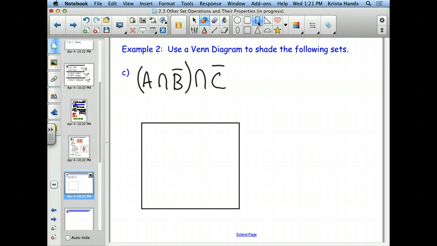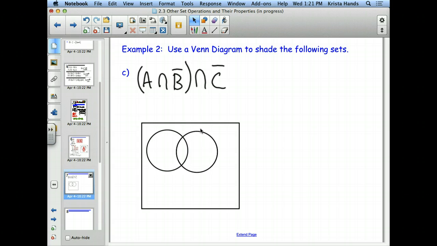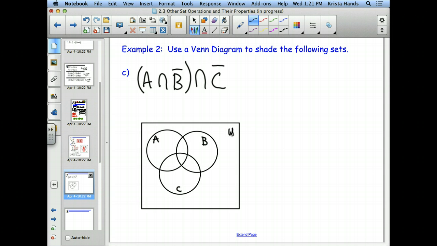What needs to go inside my rectangle? 3 circles, right? Now what? Gotta label them. So I'm going to do it in the same order that I did last time. And it'll look like that.